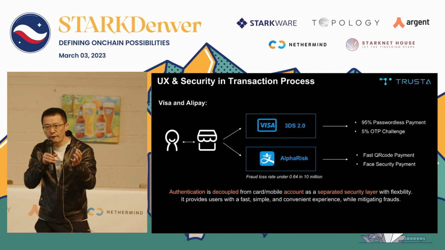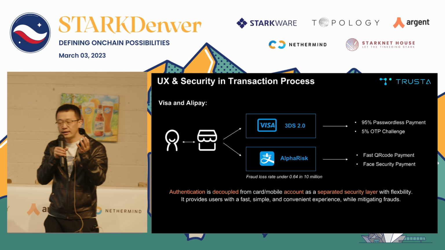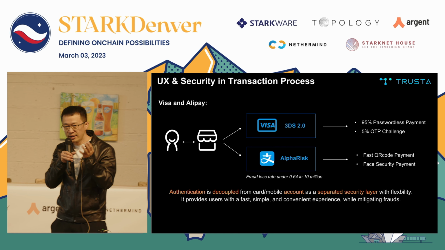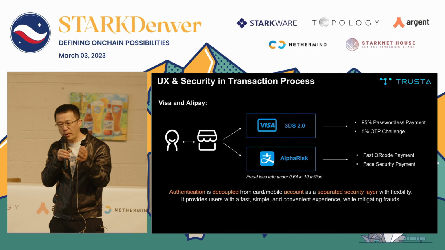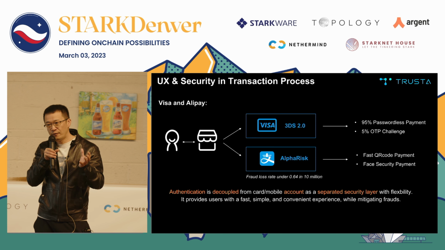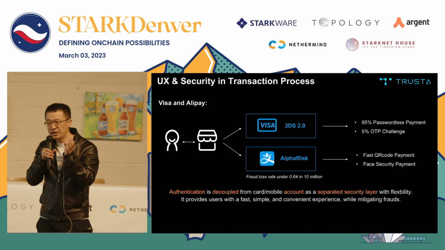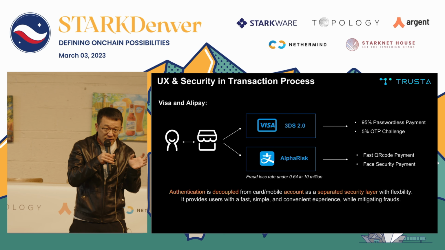Visa has an authentication service called 3D Secure 2.0. That means they collect all data from the merchant and Visa to the issuer, and the issuer does the authentication service.